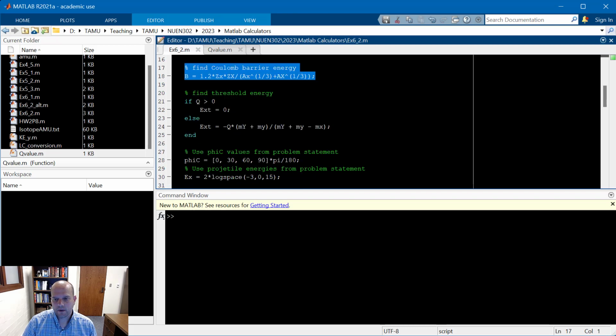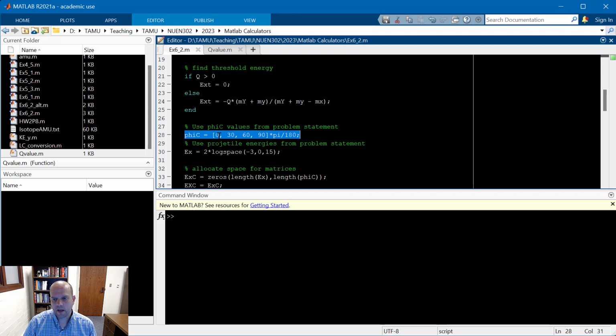And then I'm going to look at 4 different values of this phi c, and in this case I'm going to create an evenly spaced vector in the log space, and so the inputs to this function are the exponents that I'm taking the value of 10 to.